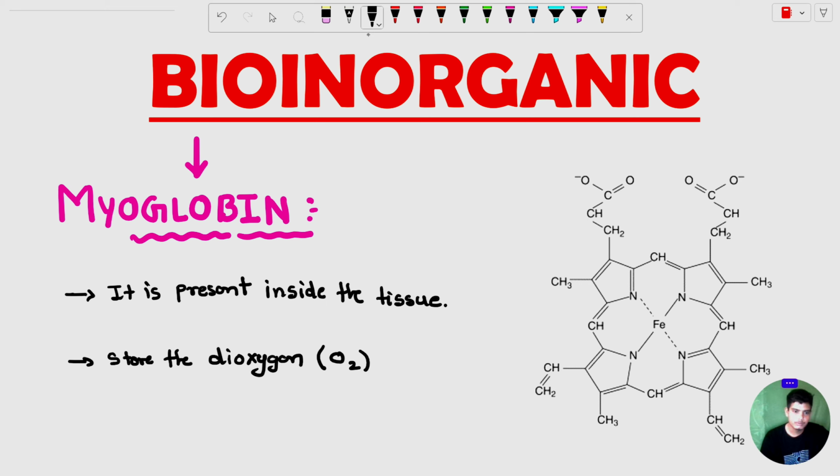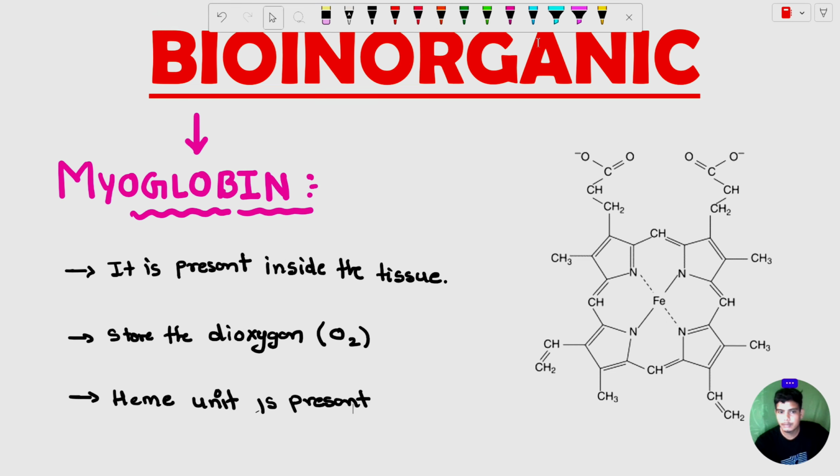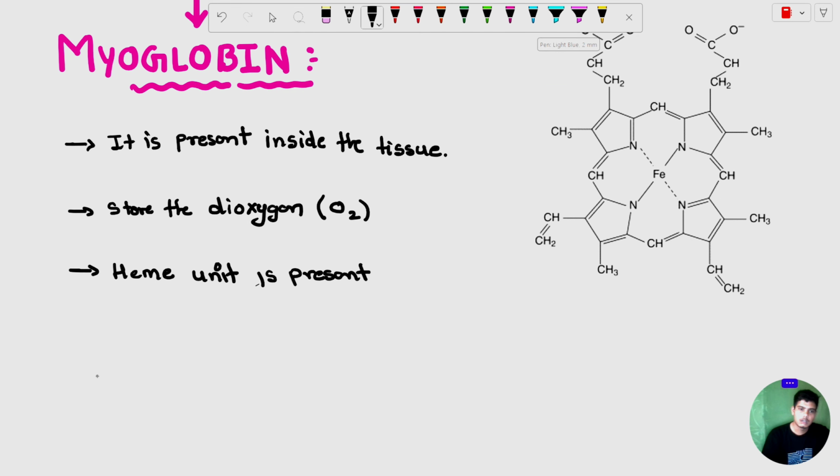Third point is, in myoglobin the heme unit is present. What is the heme group? Heme group is the combination, or the sum, of iron plus porphyrin.